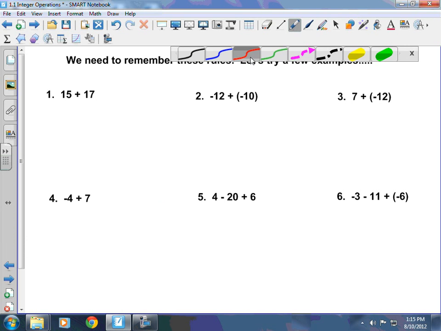The first thing I need to clarify for you is, what does the sign of the number mean? The sign to the left of the number tells you whether the number is positive or negative. This sign right here does not tell you to add these two numbers. If you remember back to our rules, we know to add if both numbers have the same sign.